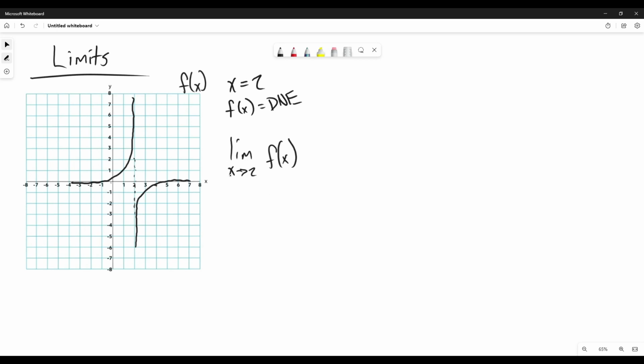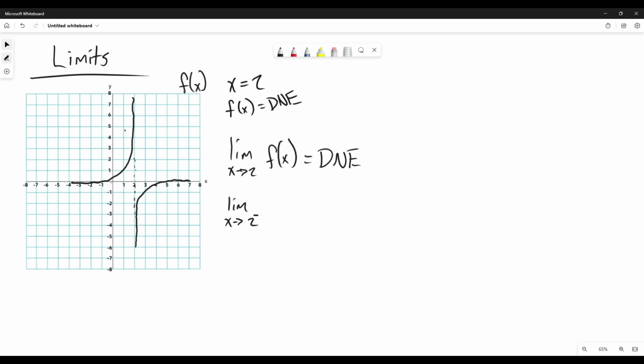So the limit as x approaches 2 also does not exist. And the reason is because the way you'd write it is the limit as x approaches 2 minus, and what this minus means is it doesn't mean it's a negative number. It means we're choosing an infinitely small number near the left side of x equals 2.